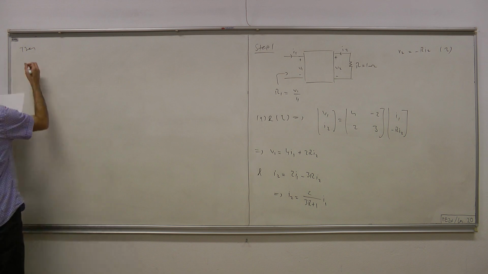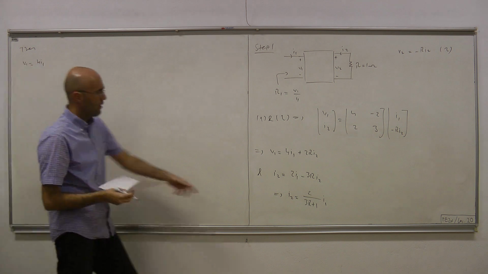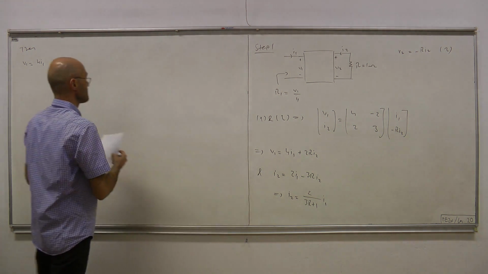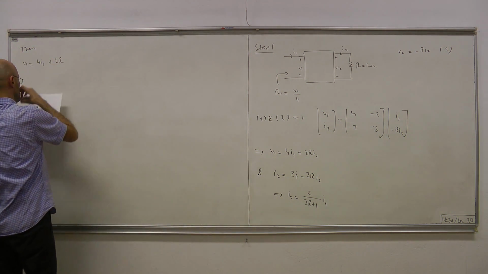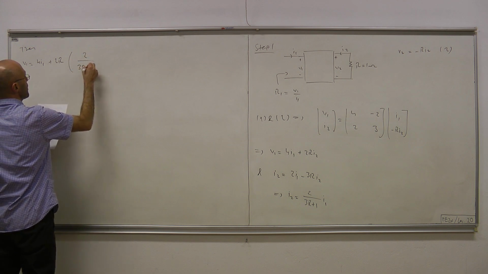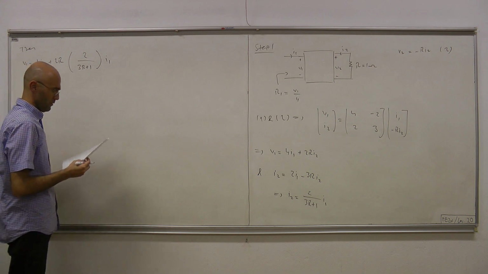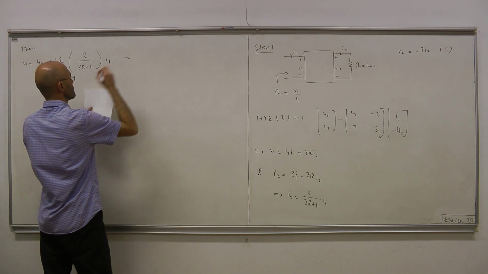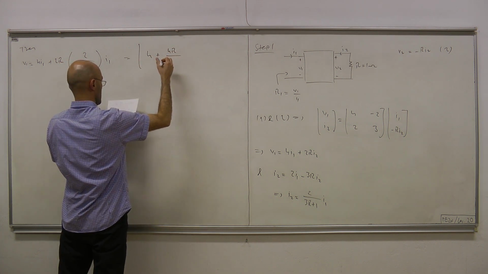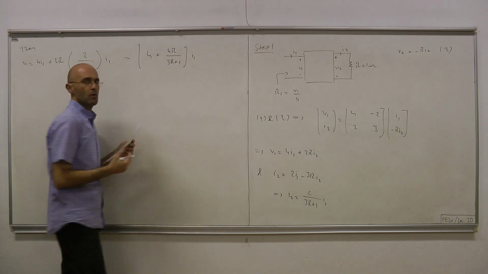Then what? Then V1 equals 4I1 plus 2R times, now instead of I2 we write that, 2R times 2 over 3R plus 1 times I1. Okay. And that's 4 plus 4R over 3R plus 1 times I1.